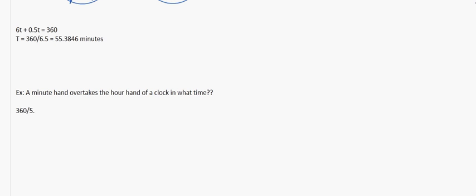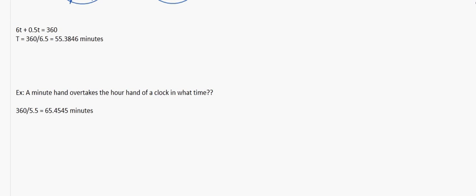And the relative speed is 5.5, so they would meet again after 65.4545 minutes, right? So if you see, initially they coincide at 12, they should coincide at or near 1:05, right? So they would be coinciding after 65 point some minutes, right?